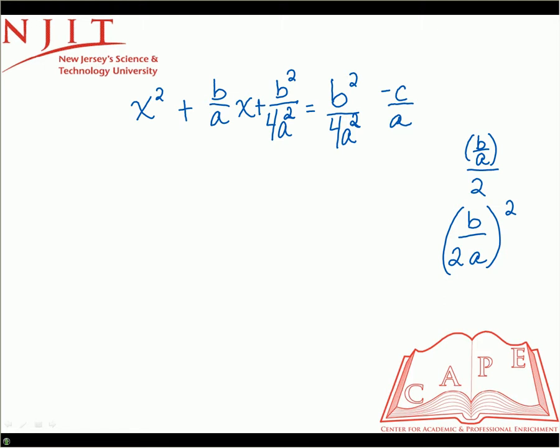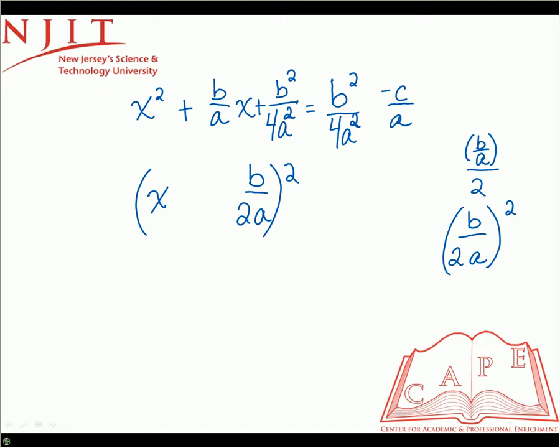Then you take the left side of the equation and condense it to a perfect square. The shortcut to do that, because you know this is going to be squared, is to take the square root of the first term and the square root of the third term. The square root of x squared is x. The square root of b squared over 4a squared is just b over 2a.